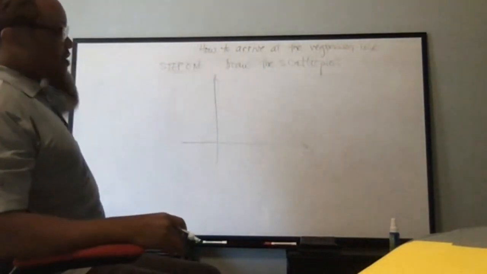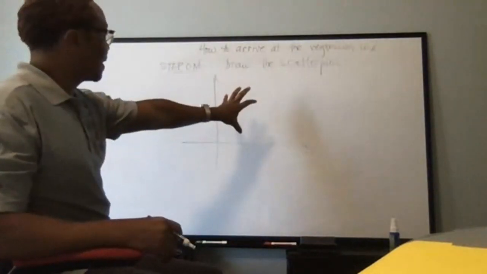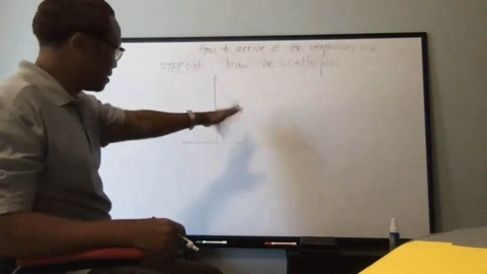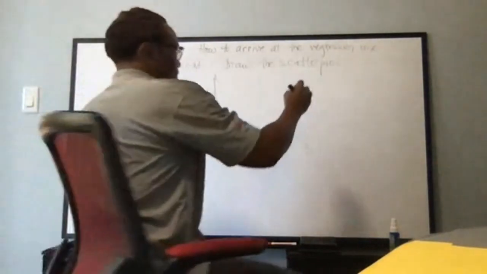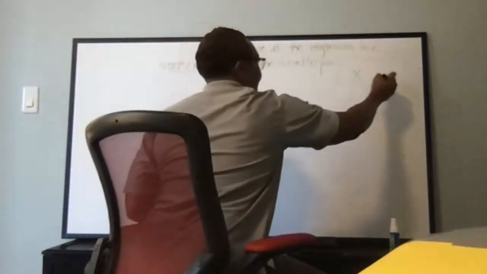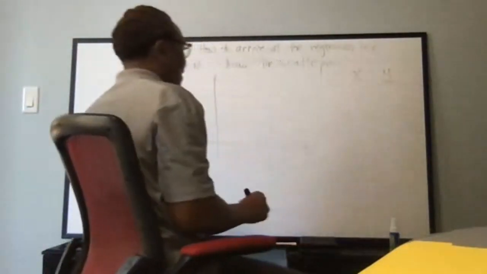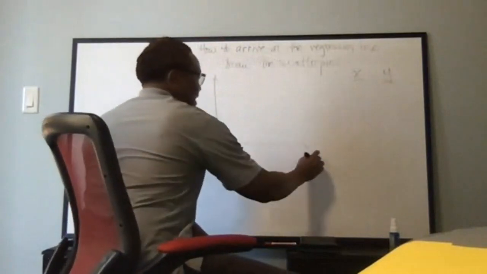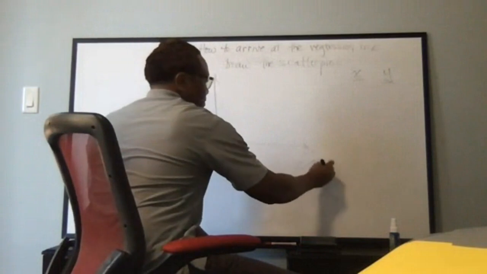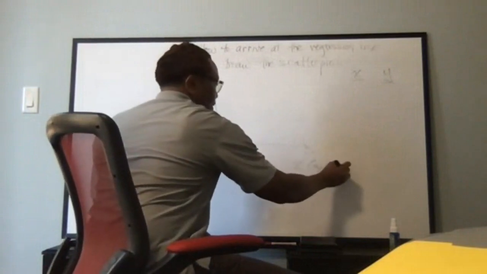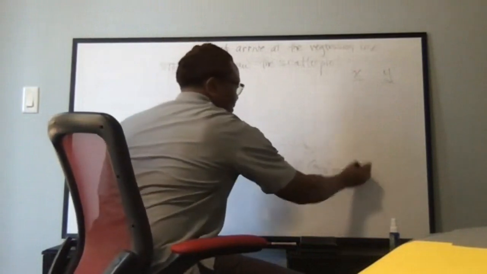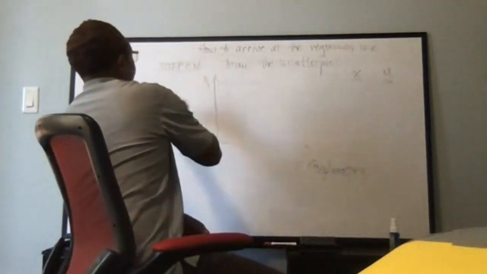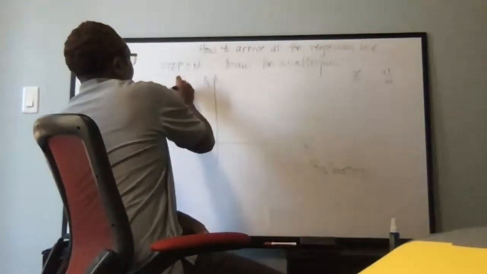Most of the action is going to go on in the first quadrant anyway. You may go down here depending on what X is, but it's really important for us to know which column is the X and which column is the Y, because along the X-axis, I'm going to write this X here, that's where we put the information on the explanatory or independent variable, and then this right here, Y, is going to be the response.